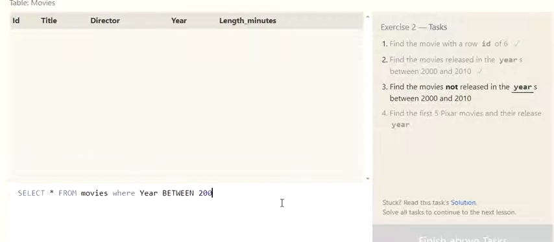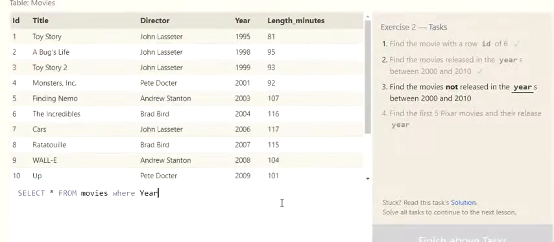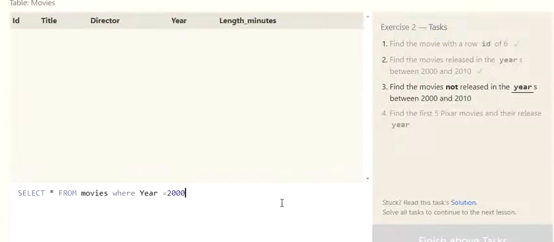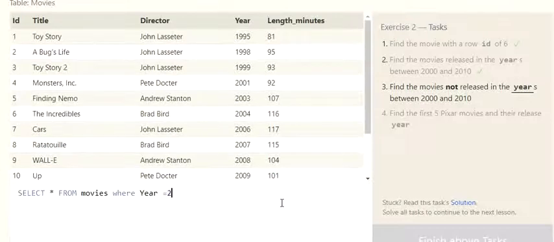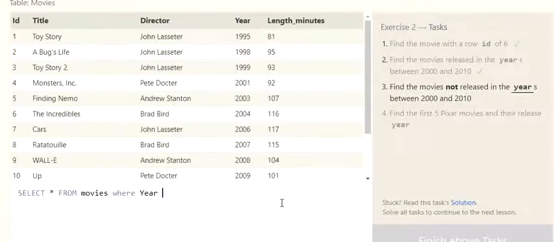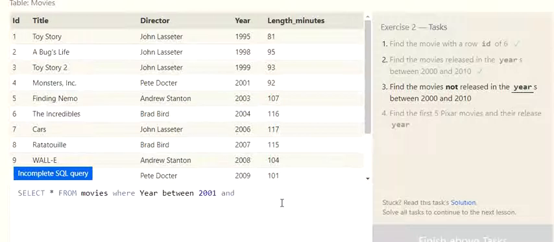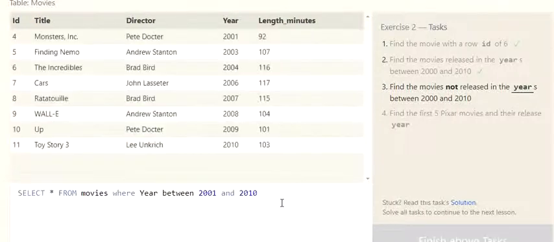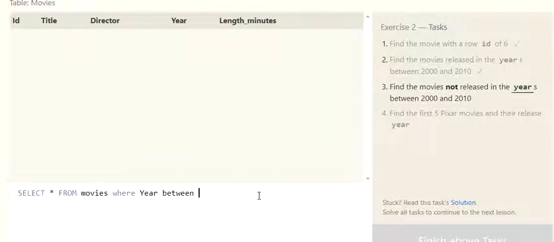So let's see if 2000 is included or not. It's not there. So let's see if 2001 is there. Yeah, so we will be taking between 2001 and 2010. So it is including both the limits, the initial limit and the final limit.